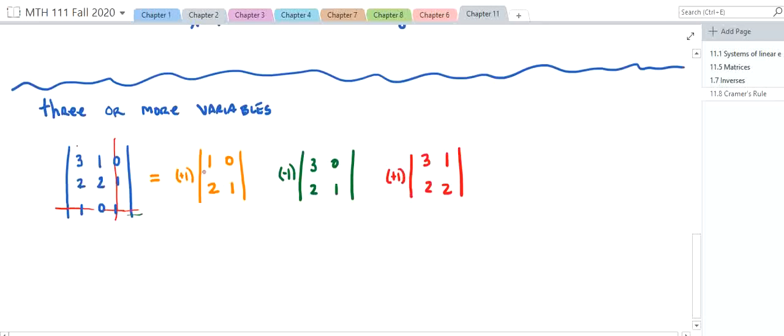So this is just a constant that multiplies by these. And so this is what we call, each of these is what we call a cofactor.